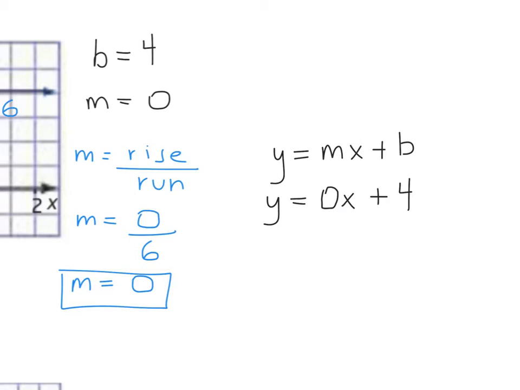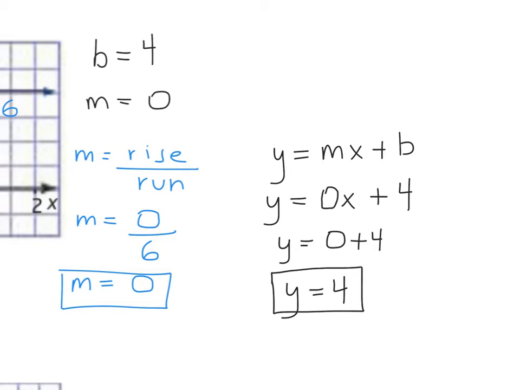So if I really wanted to simplify this, I could say y equals 0 plus 4. But I wouldn't leave it like that because I know that I can do this addition. I know that 0 plus 4 is just 4. So the equation for this line is just going to be as simple as y equals 4.